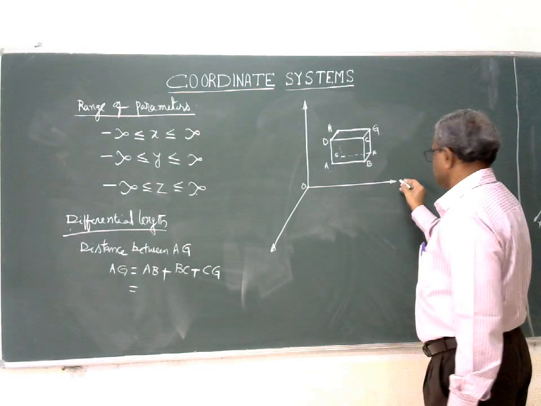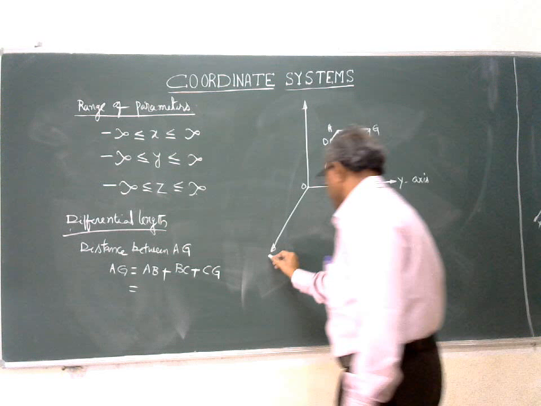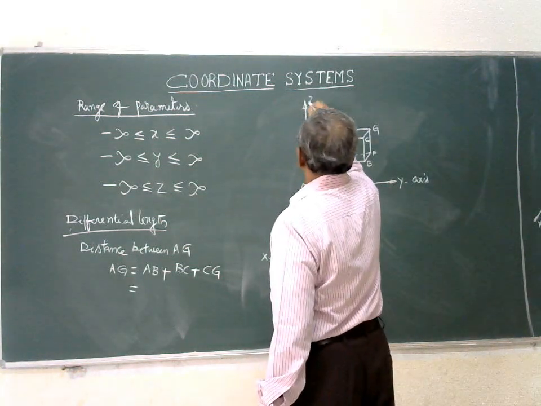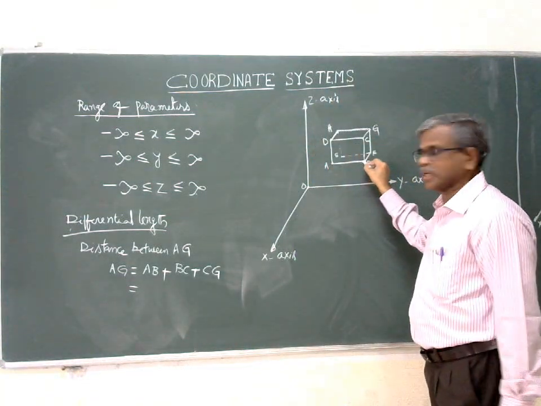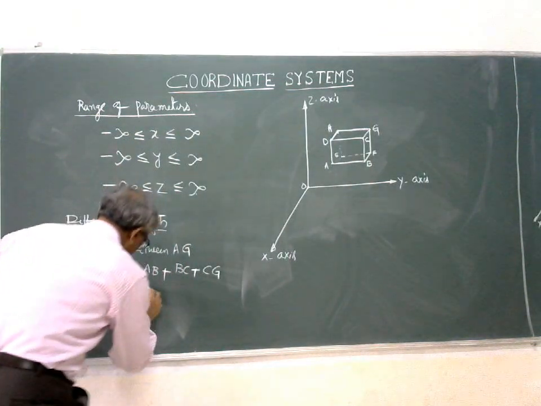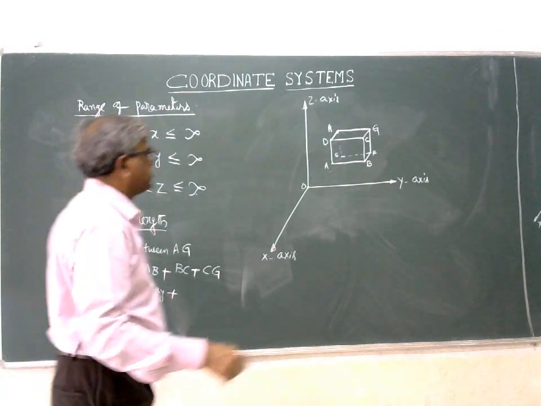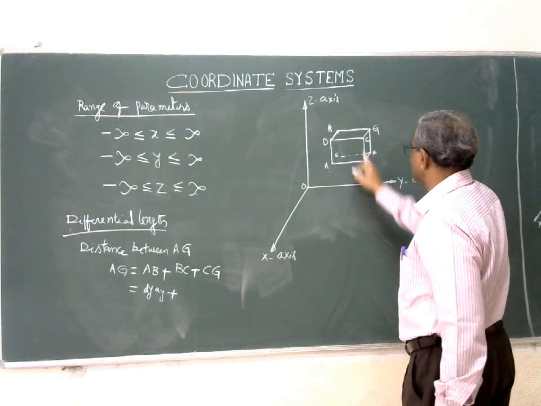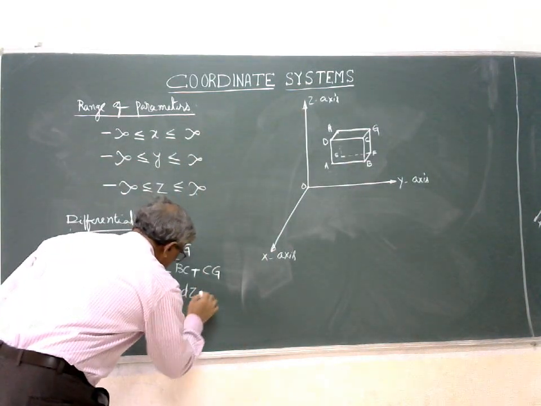AB is along the y-axis, so this is the elemental length dy, dy ay. Plus BC is along the z-axis, with elemental length dz, dz az.